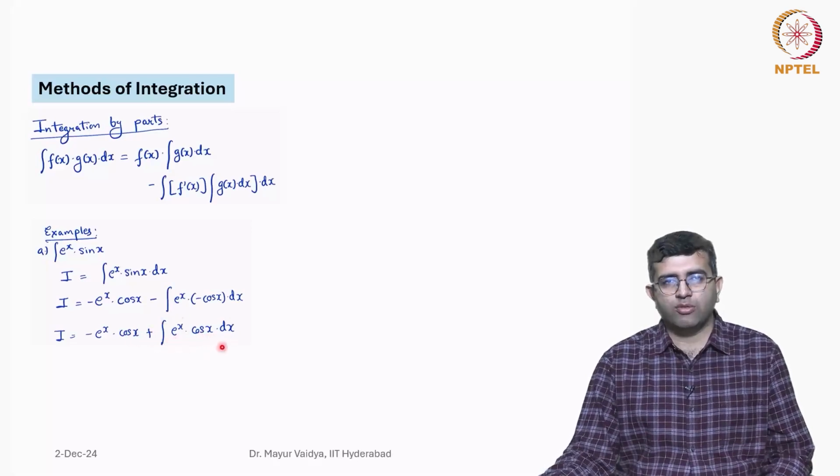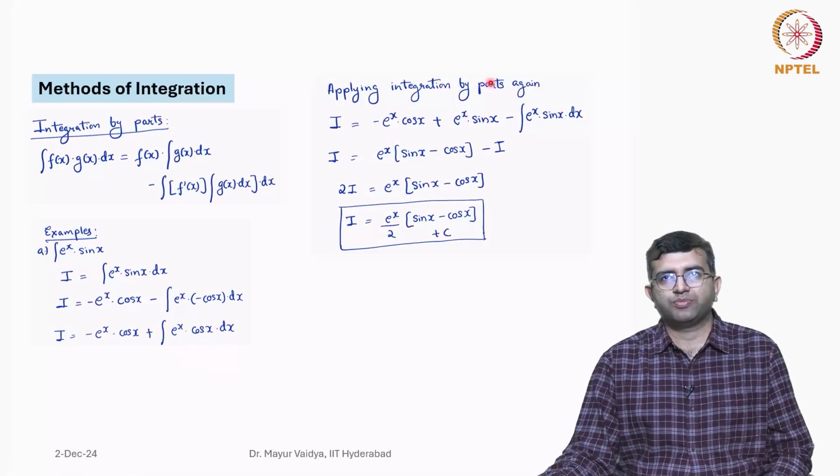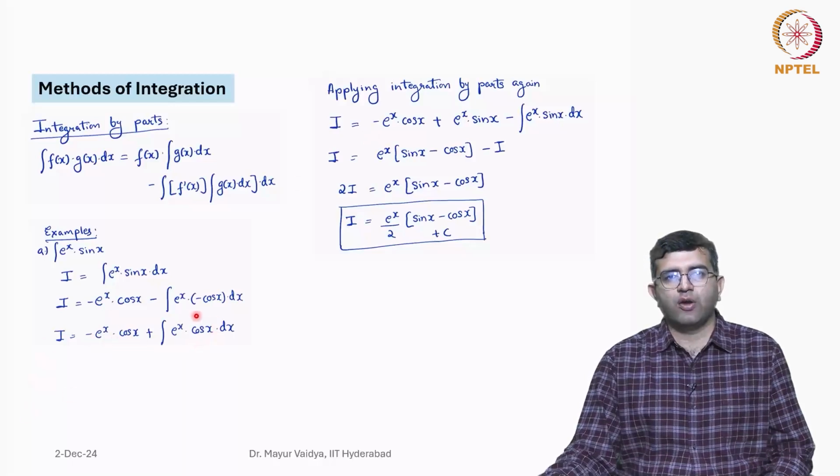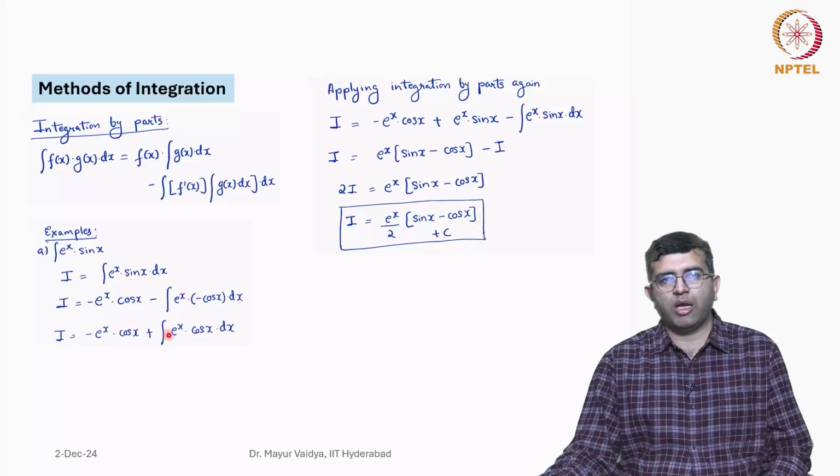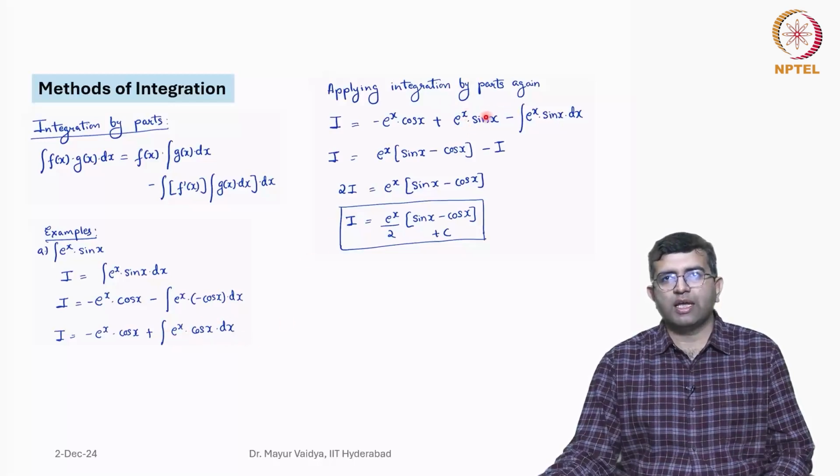Now, how do we solve this? We have to again apply the by parts here. So, you will see that the first term remains like this, minus e power x cos x. Now, when you again apply by parts, e power x, integral of cos x is sin x, so this is into sin x, minus the integral of the differentiation of e power x, which is e power x, and differentiation of cos x is minus sin x.